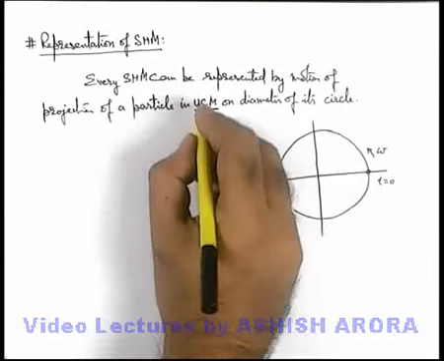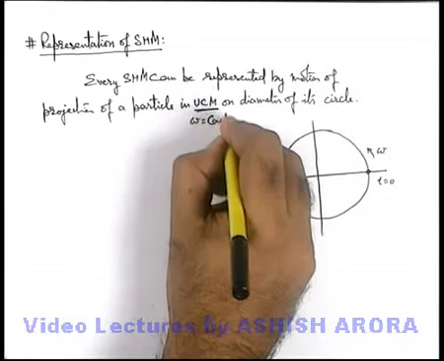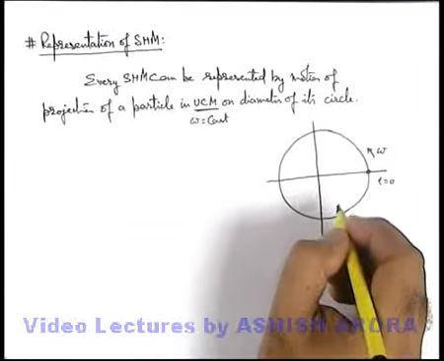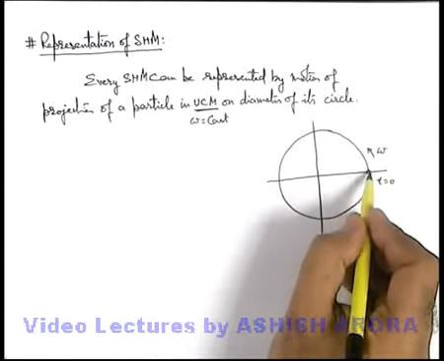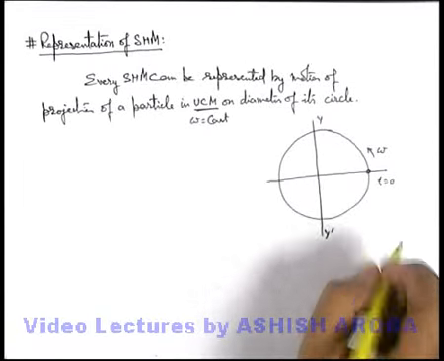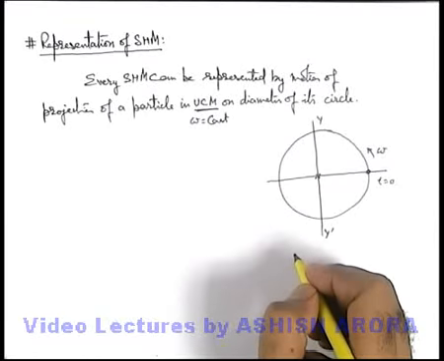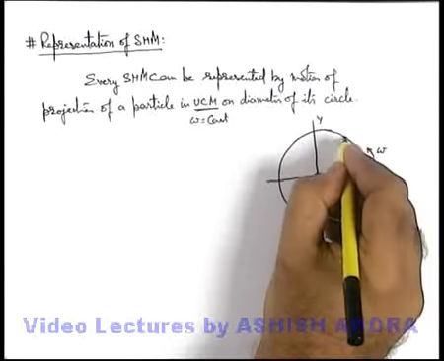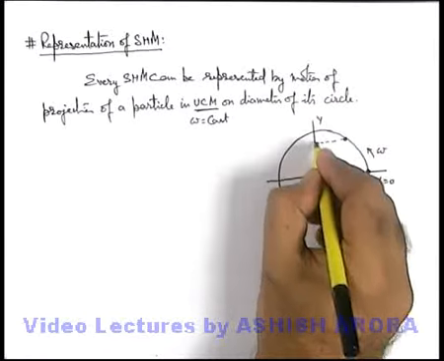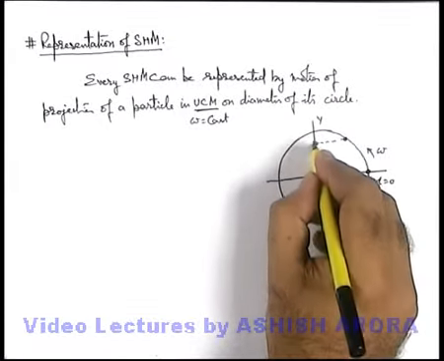We know that in uniform circular motion omega is a constant. If it is moving, let's consider the projection of this particle on its vertical diameter y dash. So initially when it was located here, its projection was at this point. When it moves and reaches a position like this, its projection will travel from this position to this position.